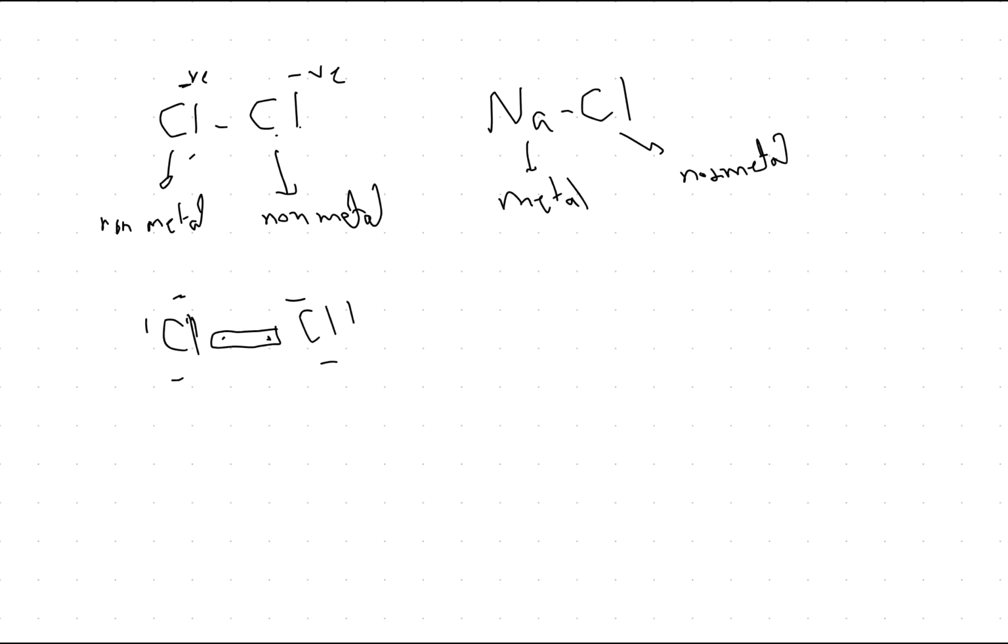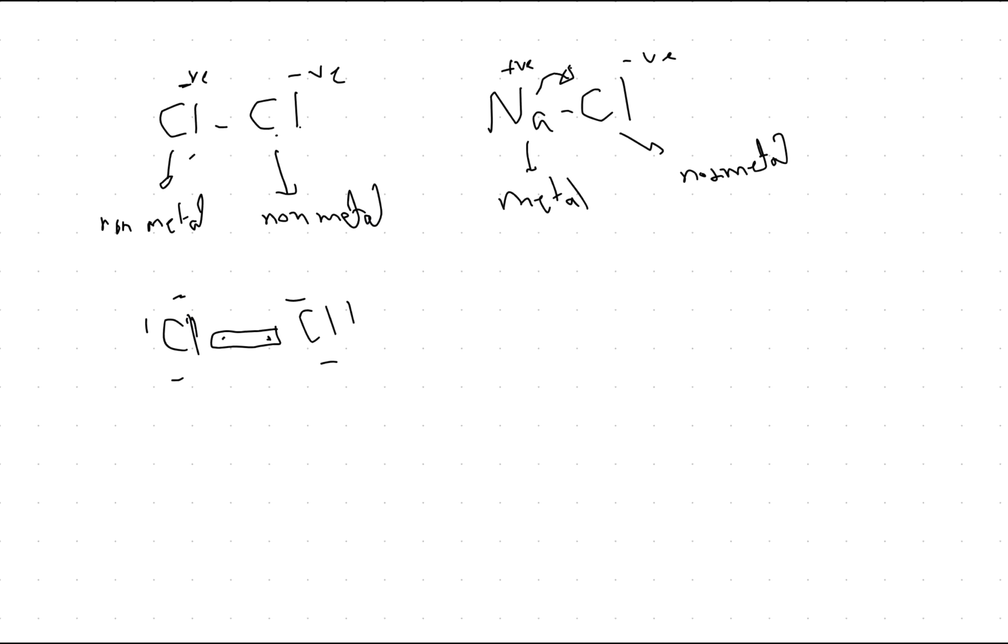While if we come here to sodium and chlorine, sodium is positive and chlorine is negative, and chlorine has more electrons in it, so it attracts the sodium. Sodium transfers electrons to give them to chlorine. So here we have a difference in the positivity and negativity.